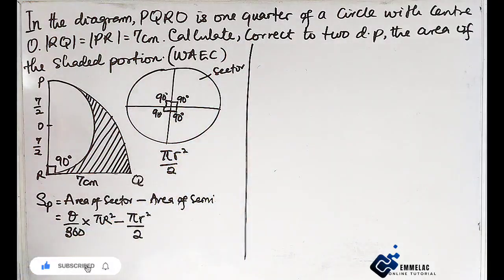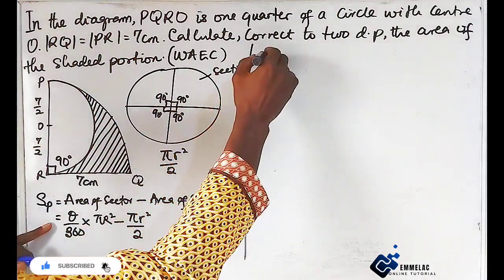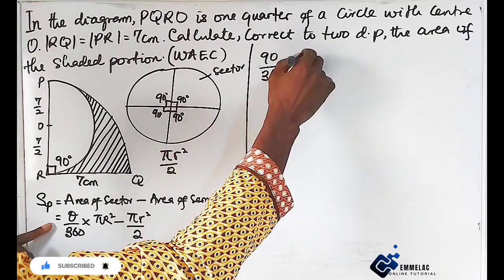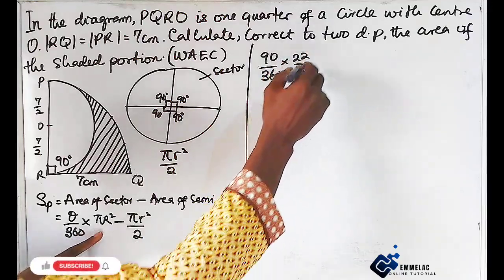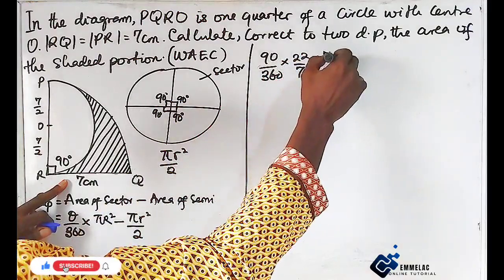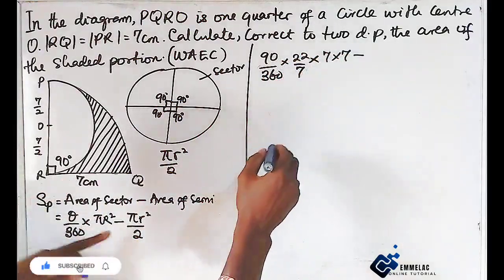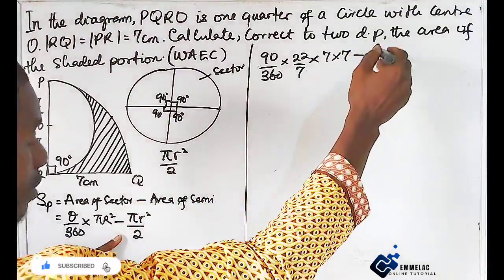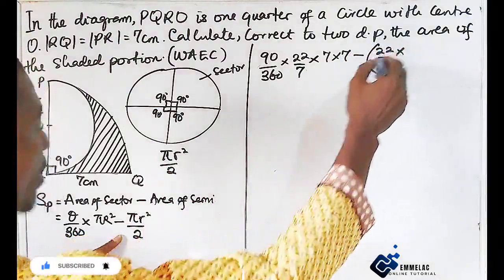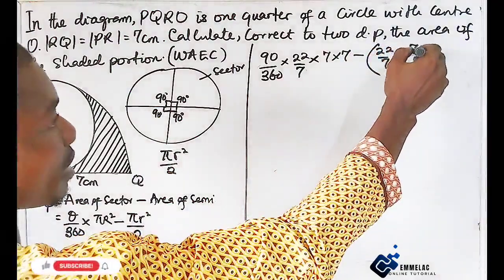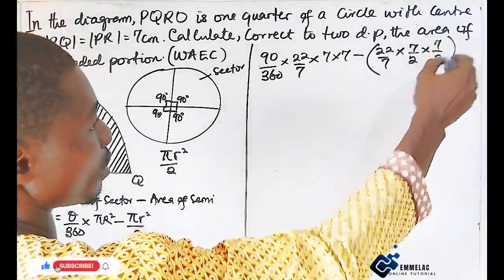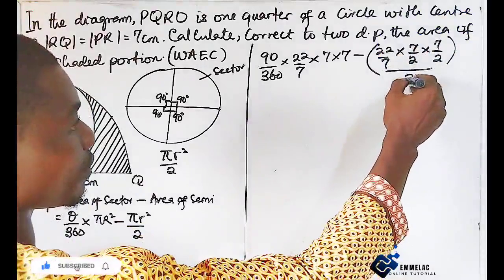Now we know that theta here is 90 over 360, times 22 over 7, which is the pi, times the radius, 7 times 7, minus the whole of 22 over 7, times our radius here, 7 over 2 times 7 over 2. Take note, all of this is divided by what?